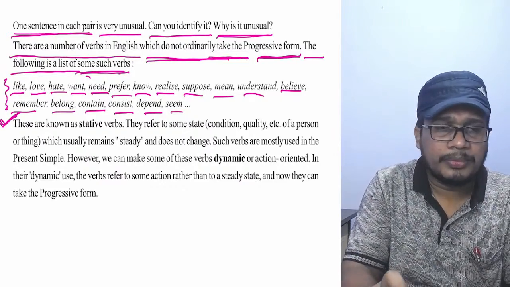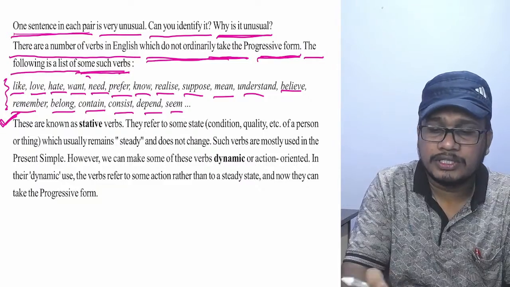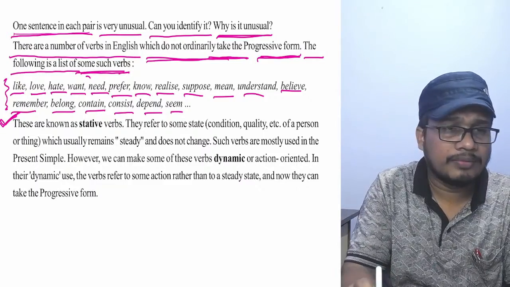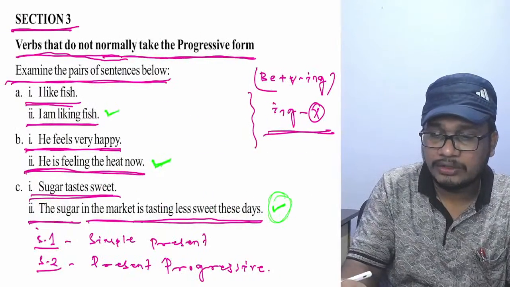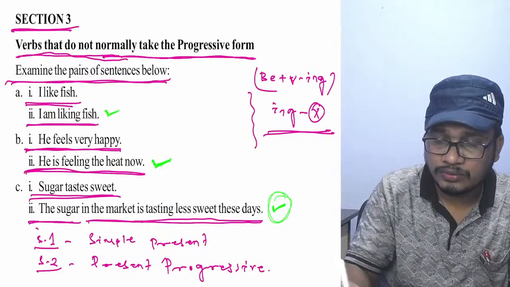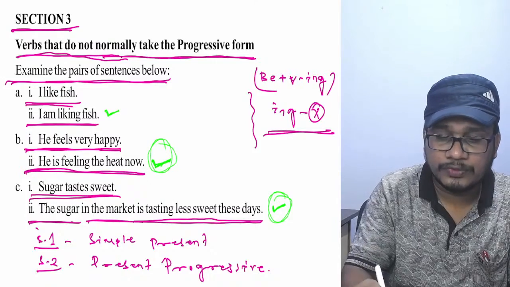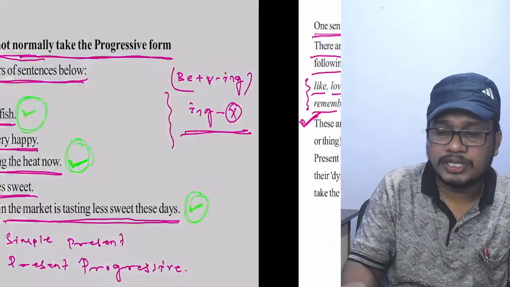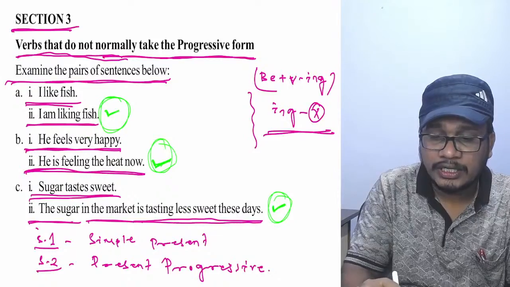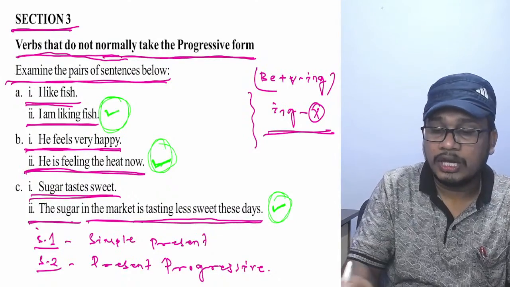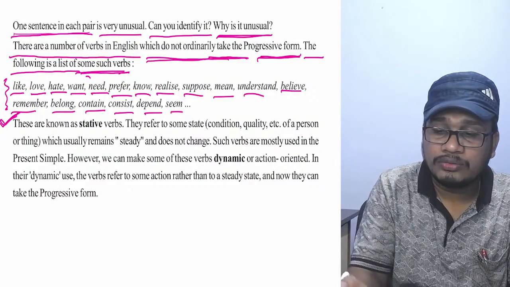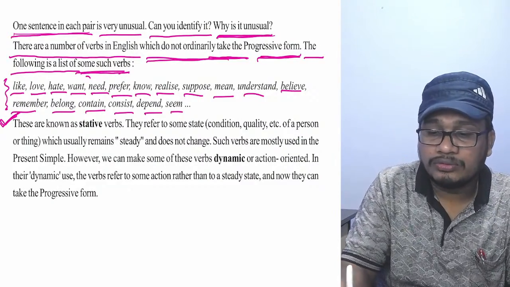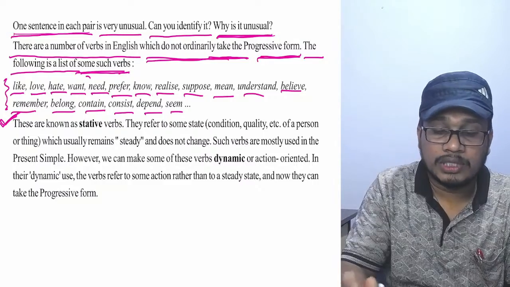Can you identify it? We have marked them here. The sentences marked with green color are unusual. Why are they unusual? Let us see.